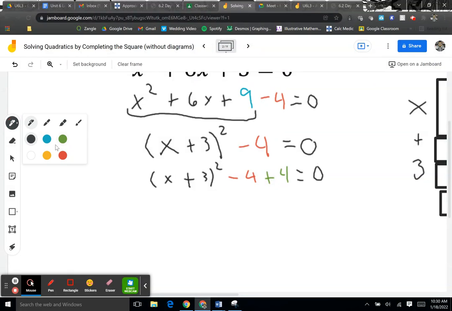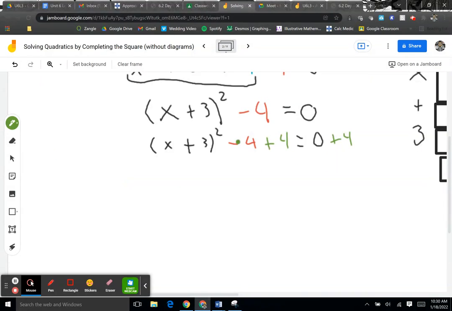And let's just add 4 on the right side of the equation as well. So we have x plus 3 squared minus 4 plus 4. This is 0. So all that's left on this side is x plus 3 squared. And 0 plus 4 is obviously 4.